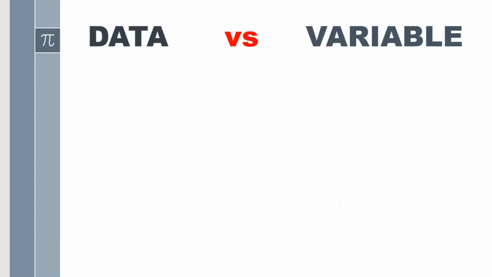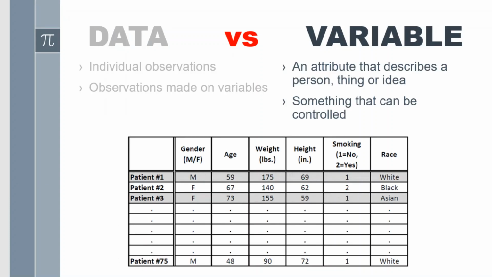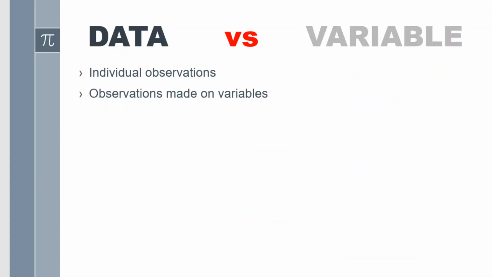Now, let's define some terminologies. We have the data and variable. What do you mean by data, what do you mean by variable, and how do these two differ? The first one is your data.